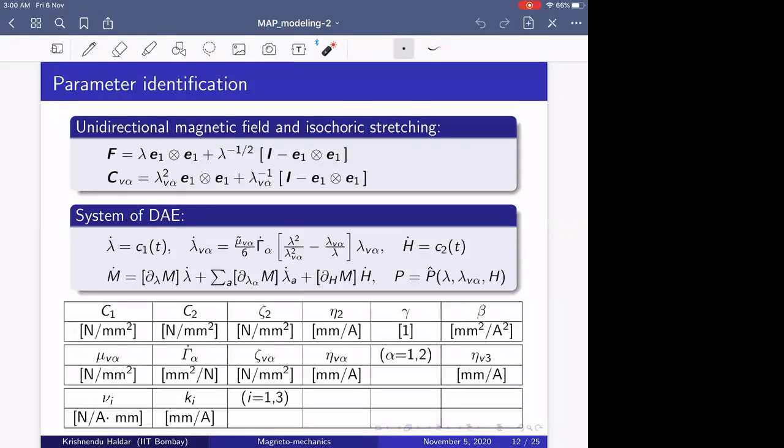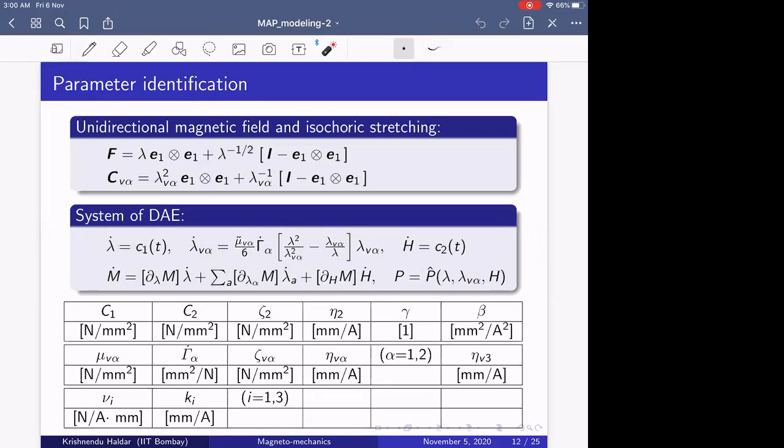You start with some known value, which is like 1, 1, 1, because in the undeformed configuration nothing is deformed, and then you let it evolve the way you proposed in your evolution equation. And again, you can control it with a given magnetic field, and you have your constitutive responses with respect to P as well as M. But the way it takes a DA system, it is easier to handle with one algebraic equation.